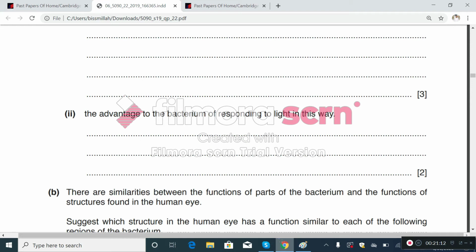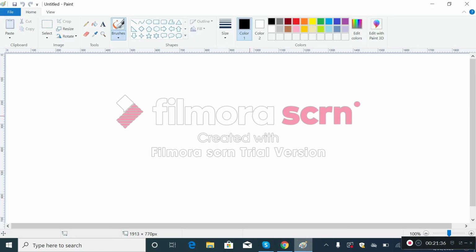When it is closer to the sunlight, it captures more light. This light will help the bacteria for the process of photosynthesis, because bacteria contain chlorophyll pigments in their body. So that's why we will link it with the process of photosynthesis. So 2 marks are given. So let's see what we have to write over here.